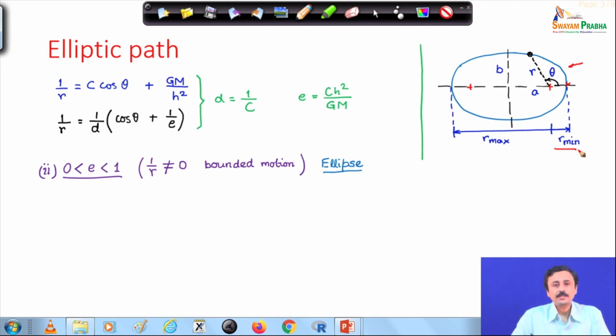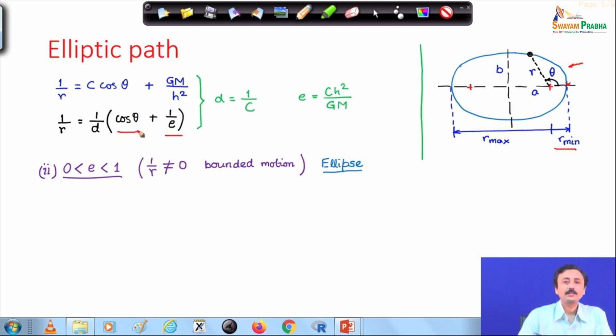Now, for an ellipse, the eccentricity lies between 0 and 1, and here what you will find is 1 over r can never be 0. Why? Because e is between 0 and 1, therefore, 1 over e is greater than 1.